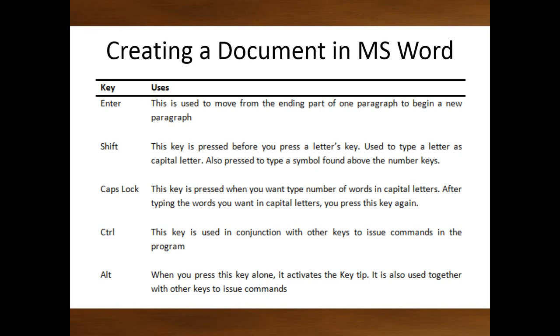Once we press the shift key and then the number key, the symbol that is displayed on top of the number will be inserted into where we are typing. And so that is two uses of the shift key. It is normally used to type single capital letters of a word, or we can use it to type symbols appearing on top of the number keys at the alphanumeric area.